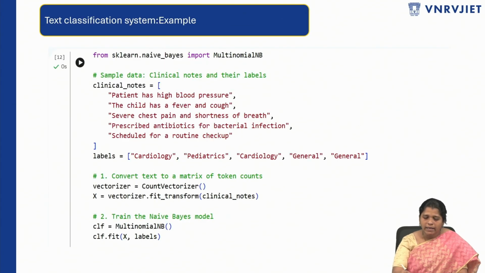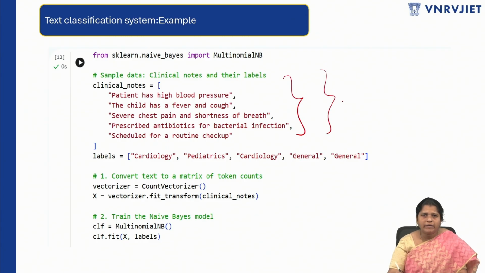Here I have taken one small use case of clinical notes: patient has high blood pressure, child has a fever and cough, severe chest pain, some shortness of breath, prescribed antibiotics for bacterial infection, scheduled for routine checkup. Likewise, I have some small clinical notes taken from doctor notes.